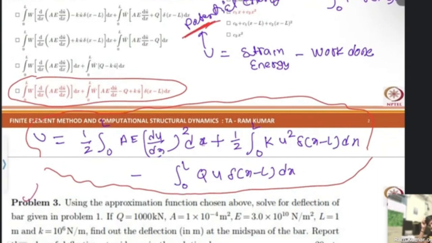We have to do del u equal to 0. After doing this, what you will get? You will get one expression, something like this. 0 equal to 0.